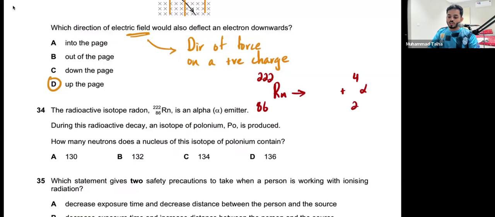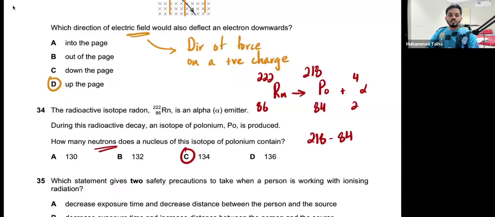So the nucleon number is going to decrease by 4, proton number is going to decrease by 2. So this would make this polonium 84, and 222 minus 4 is going to be 218. It's asking for neutrons, so it's going to be 218 minus 84. Right, so 218 minus 84, which is 134.